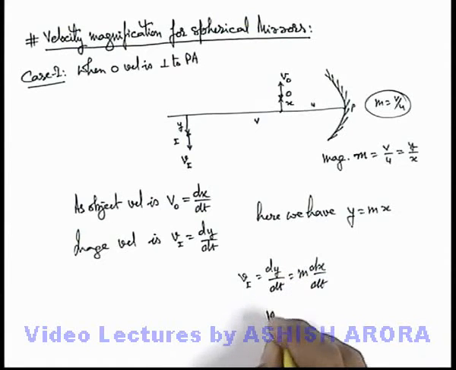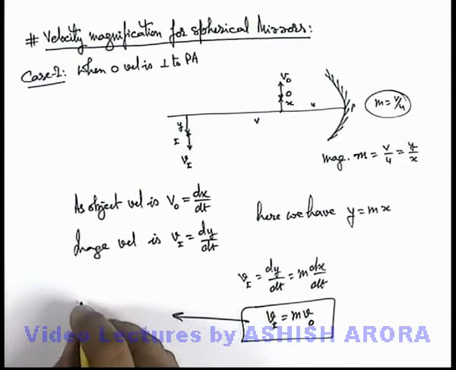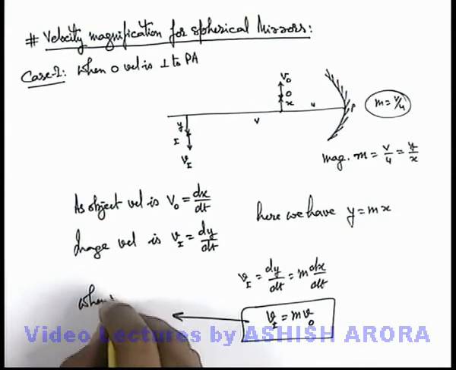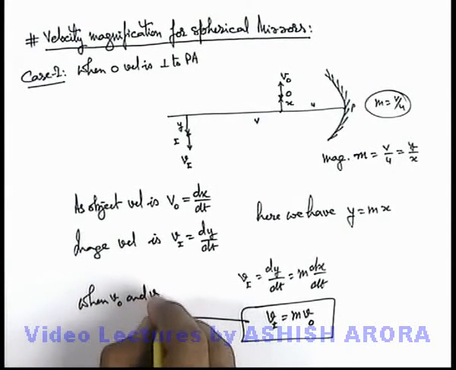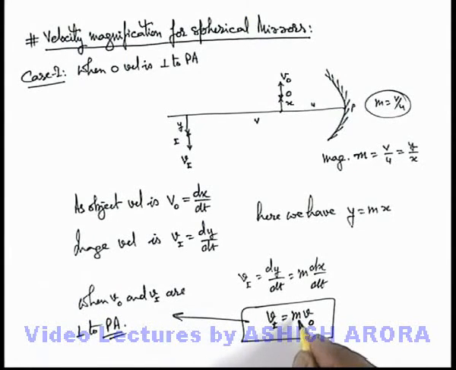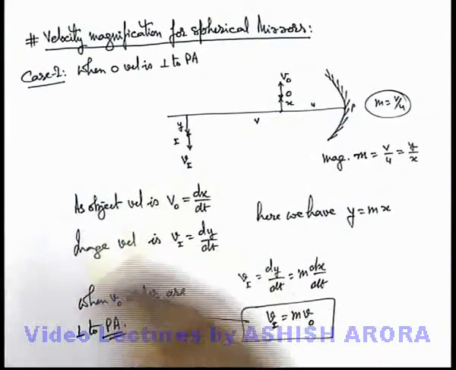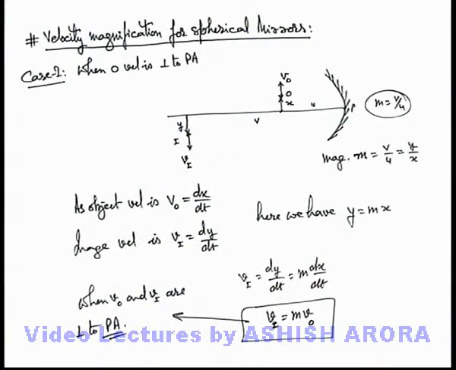So velocity of image is m times the velocity of object, and this is the relation which is valid when vu and vi are perpendicular to principal axis. So the same relation holds in velocity magnification which we use for the magnification of the height of image with respect to object perpendicular to principal axis.